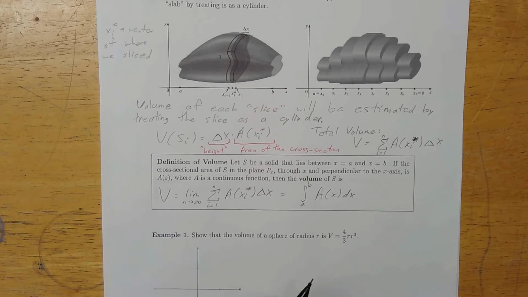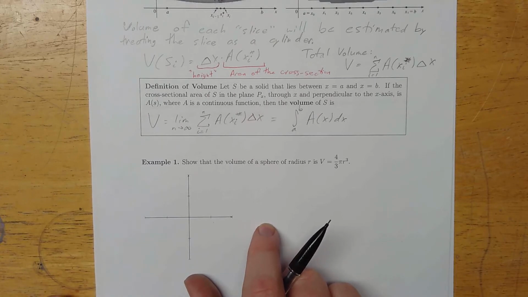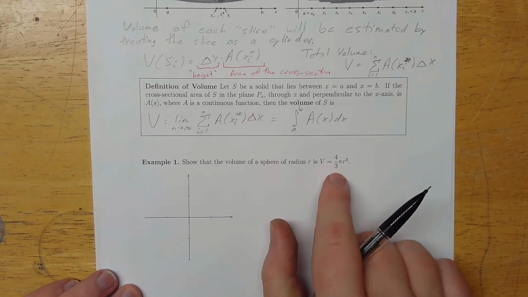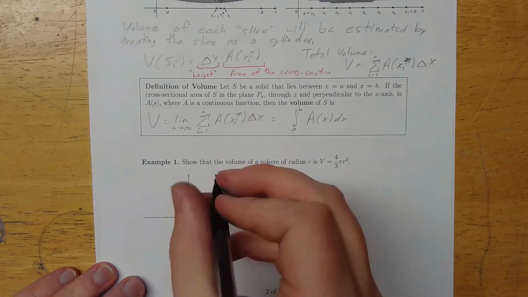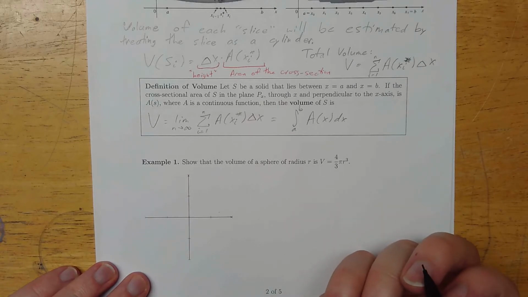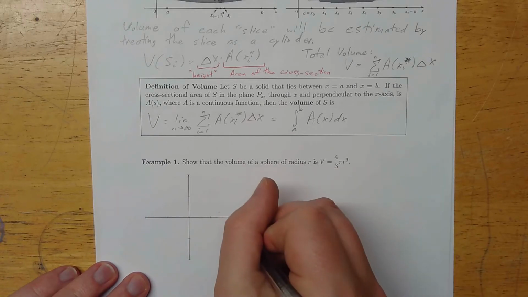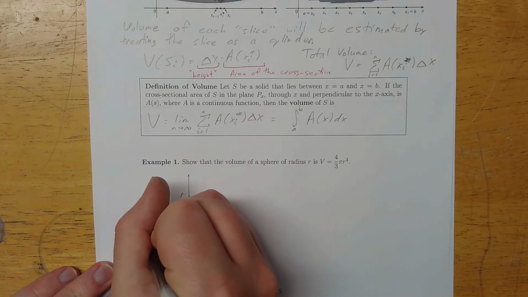So let's look at an example. Say we wanted to show that the volume of a sphere with a radius of r is 4/3 pi r cubed. So let's talk about what that means. Say that this is our circle here. Maybe this is r, this is negative r.